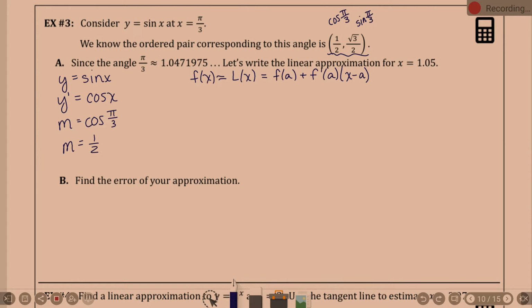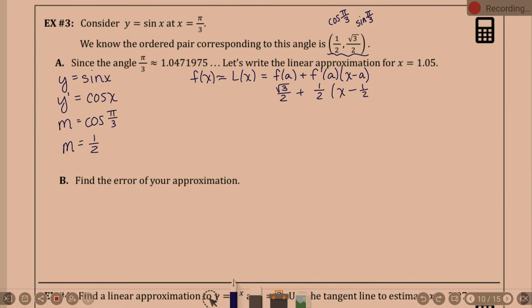Okay, so let's write our function. f of a is going to be square root of 3 over 2, plus f prime of a is going to be 1/2, times x minus a, so x minus pi over 3.